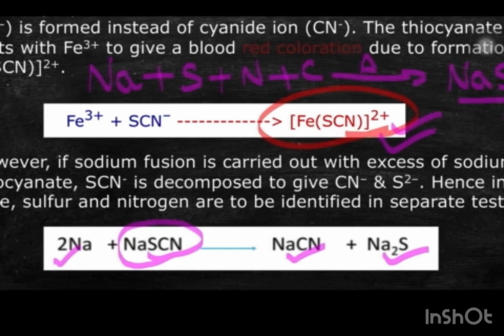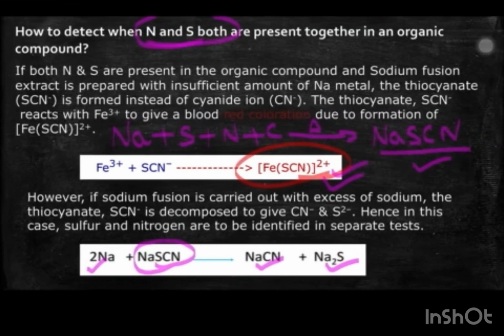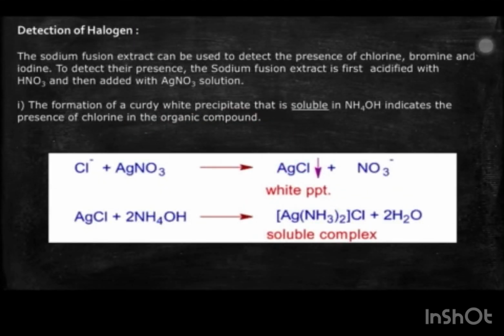Sodium cyanide and sulfide are separated, and again you carry out the reaction in the same manner as explained in the earlier two slides for sulfide and cyanide, and you can confirm that yes, both are present there.